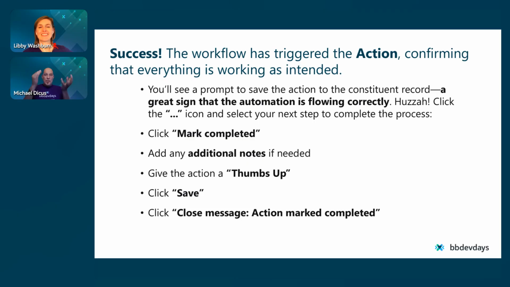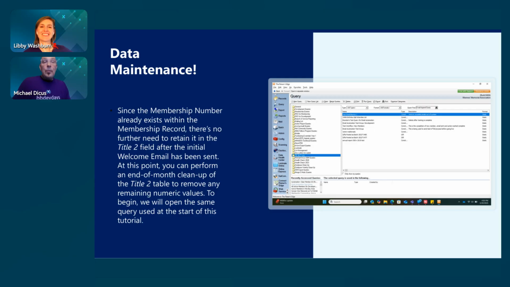So there are ways to retool an action before you select it, because at the end of the day, these new members now have an action saying that email has gone out. We've got a gift in place, and we've got a membership in place. So it's just a wonderful thing to see.